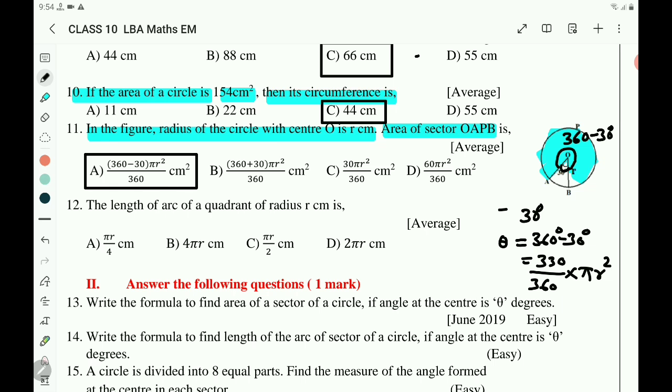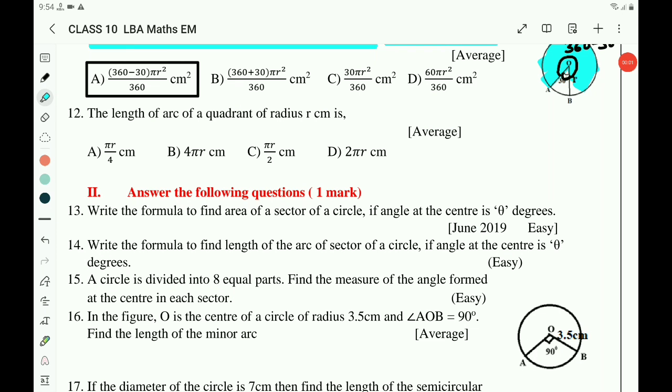Then you take the 12th question. The length of the arc of a quadrant of radius r is. Here the length of the arc of a quadrant. Quadrant means it is 1 by 4 of the circle. For a complete circle, the length is 2 pi r, that is nothing but the circumference or perimeter of the circle.